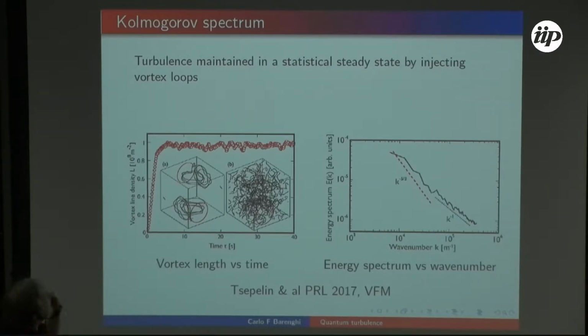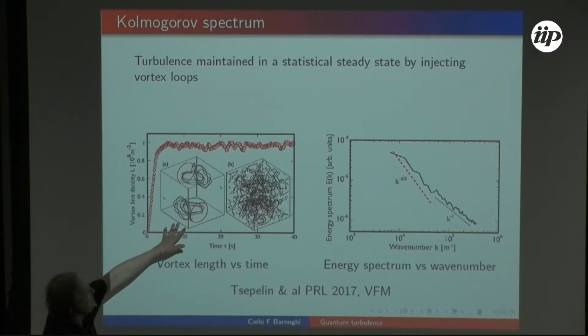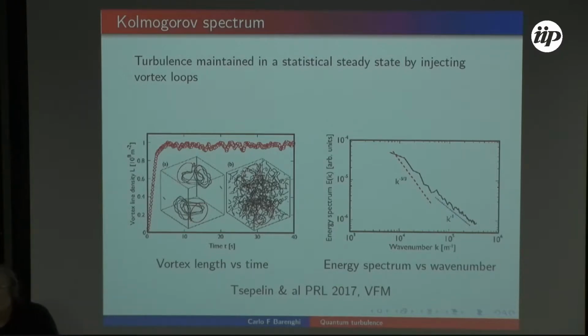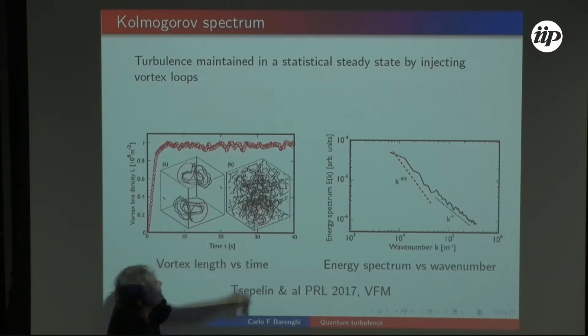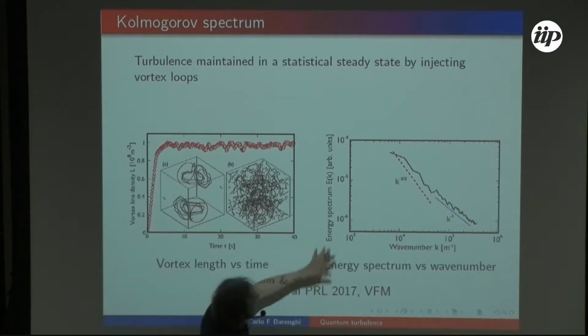So you see an example here. This is a calculation in which the experiment of Walmsley and Golov in Manchester was simulated by injecting vortex rings. So the turbulence which you see here, a tangle of vortices, has this kind of spectrum.